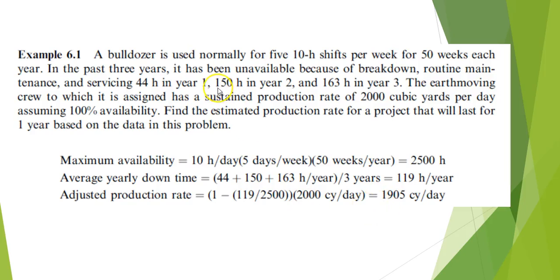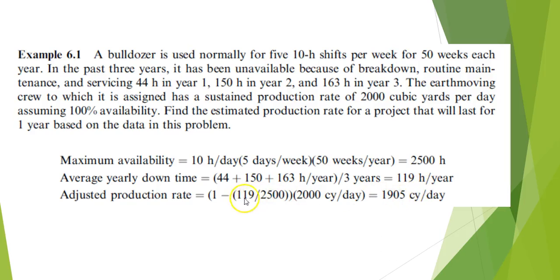So you can see that by reducing these numbers, you can increase the availability because this number will go down, and you can increase productivity. So that's part of the process.